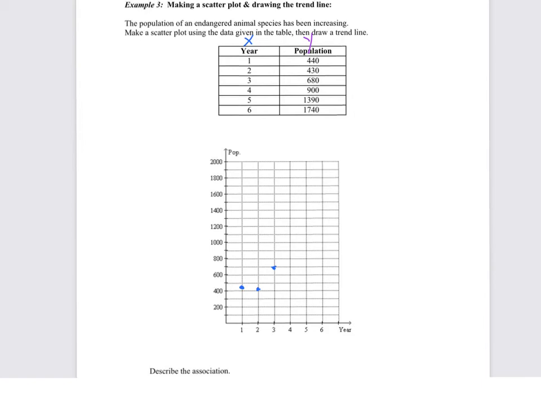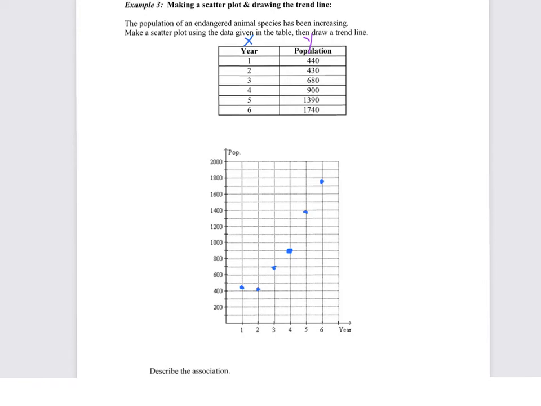Year 4 is 900. Year 5 is 1390, so that's close to 1400. And then year 6 is 1740. All right, just like that.